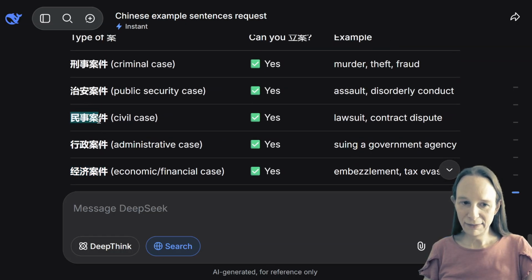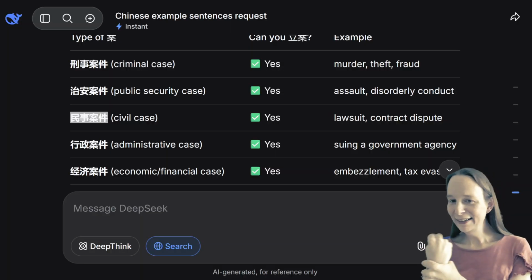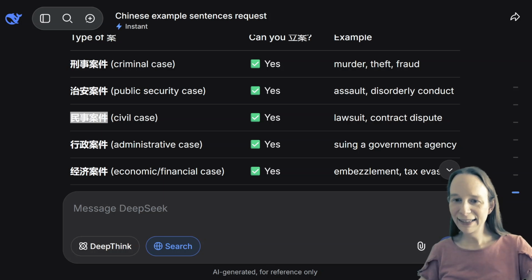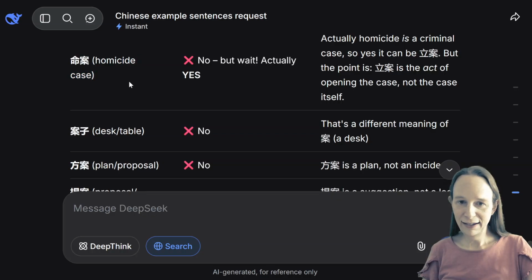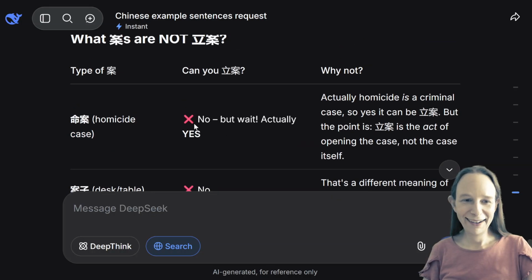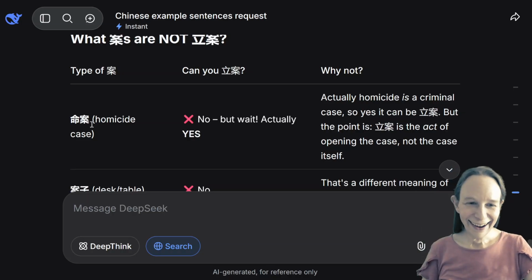So maybe this is the most relevant. 民事案件, a civil lawsuit or something like this. You need to 立案. AI is hilarious.